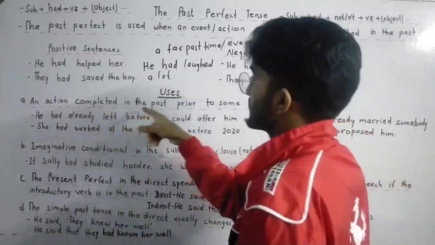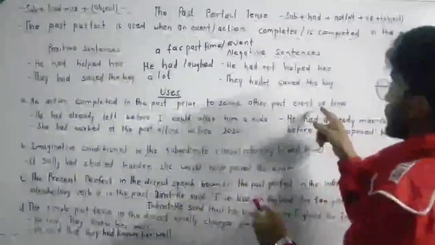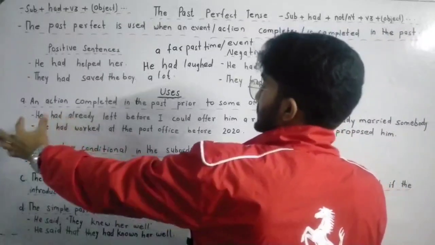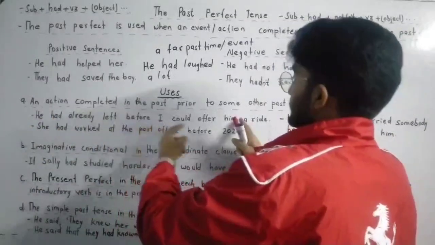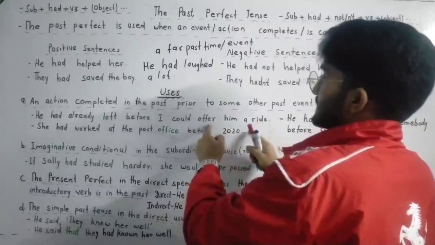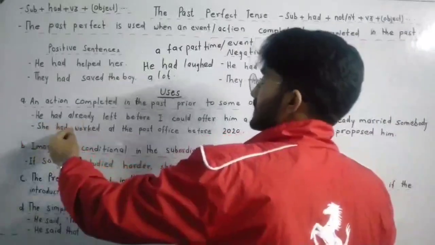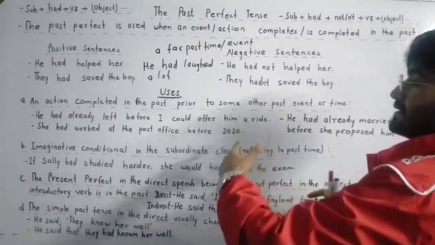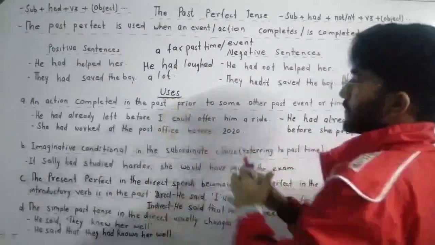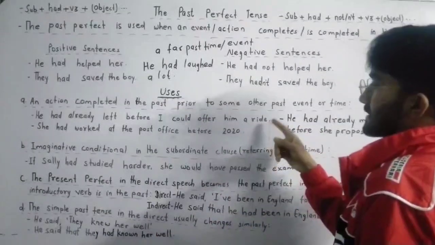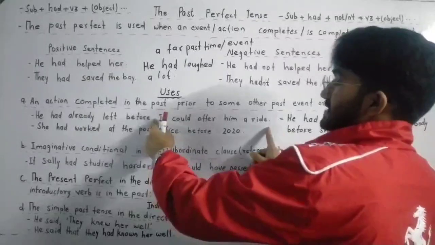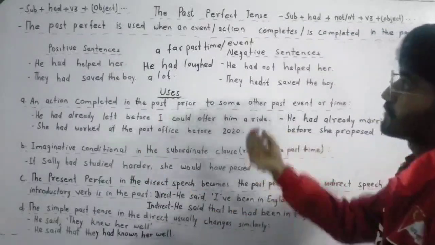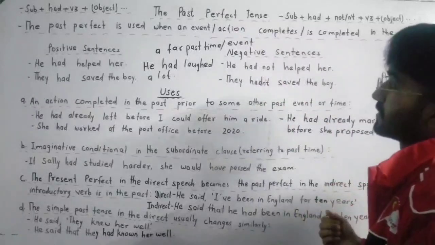See, an action completed in the past prior to some other event or action. This happened already before that action happened. He had already left before I could offer him a ride, and that's why I couldn't offer him a ride, and this action didn't happen. This is how we can use the past perfect tense.